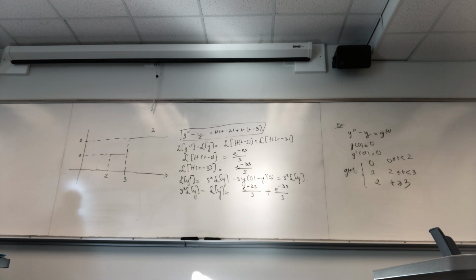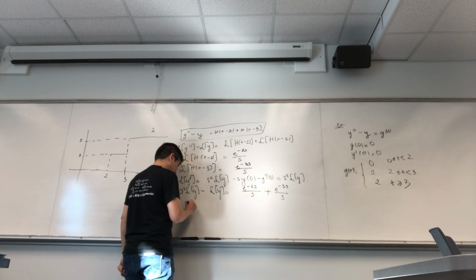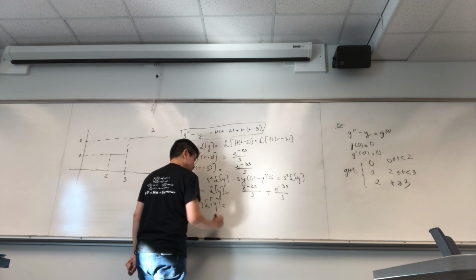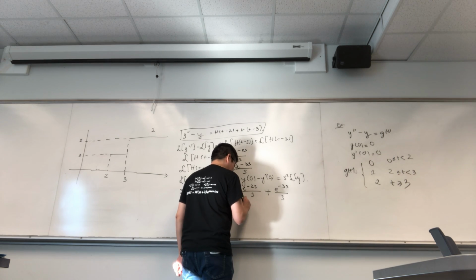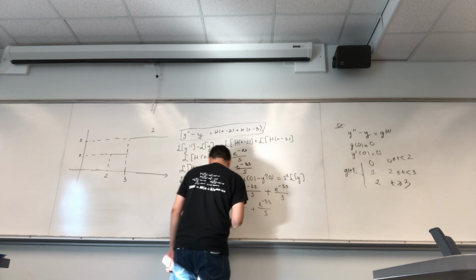So what is the next step? You factor out the Laplace transform of y and then divide by s squared minus 1. So now I factorize the left hand side. I have s squared minus 1 times Laplace transform of y equals e to the power minus 2s over s plus e to the power minus 3s over s.